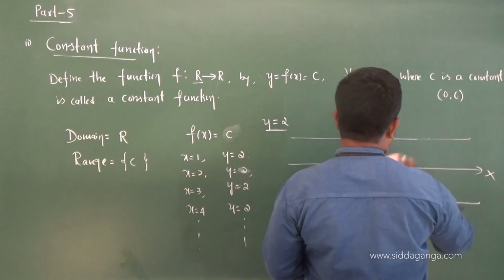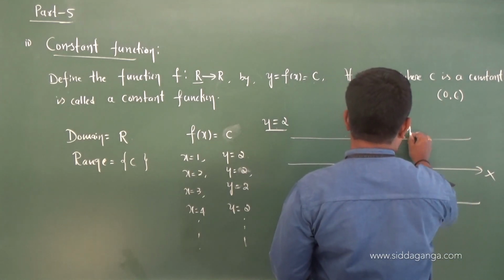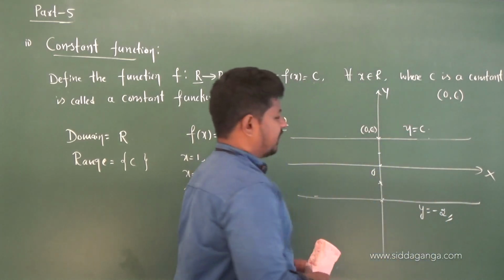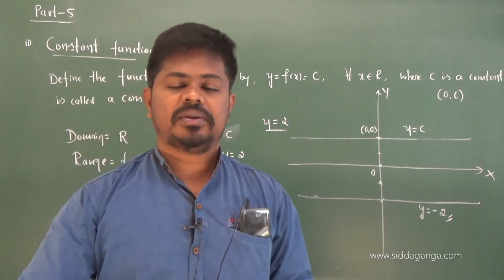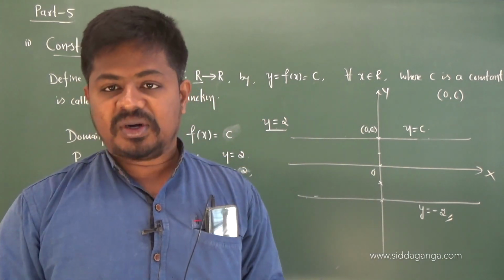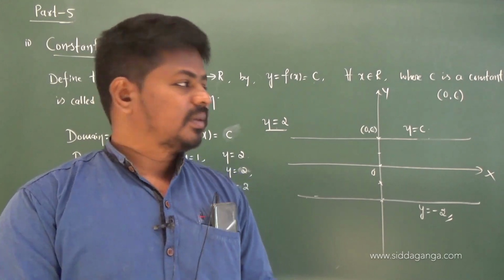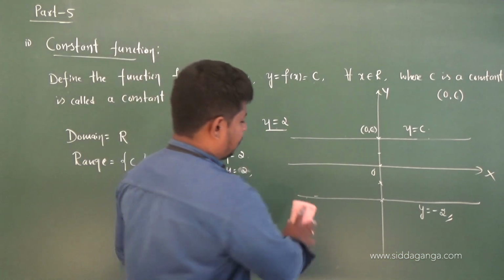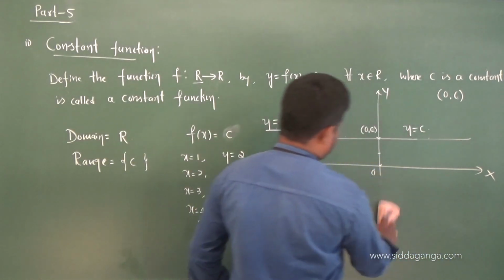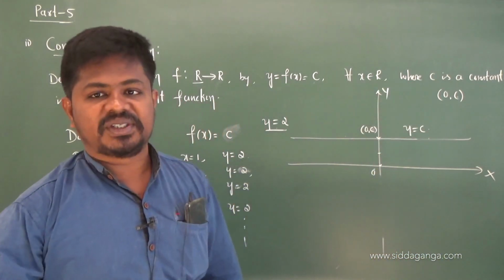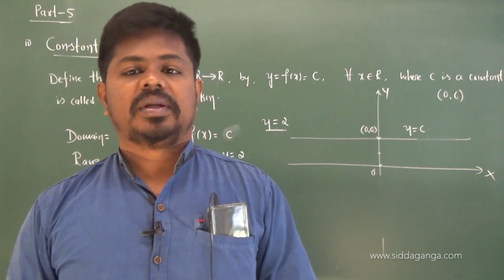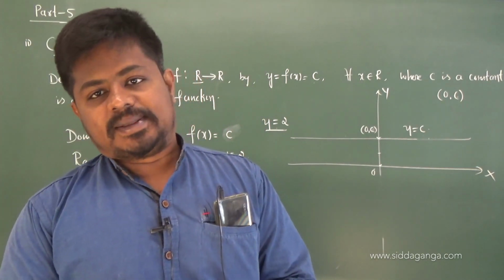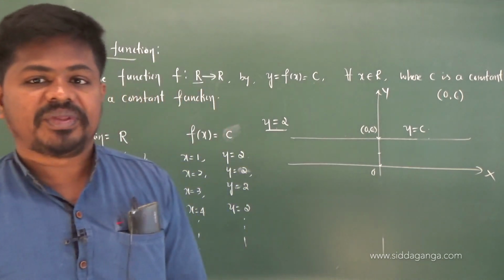In general, if they ask in the examination to draw the graph, then y is equal to c, parallel to x axis. Or in words you write, graph is a line, and you have to draw the graph first: draw a line parallel to x axis and mention it is y is equal to c parallel to x axis. This is about a constant function.